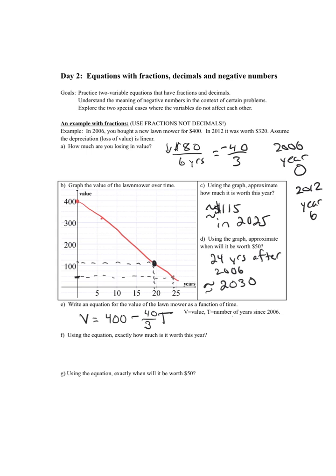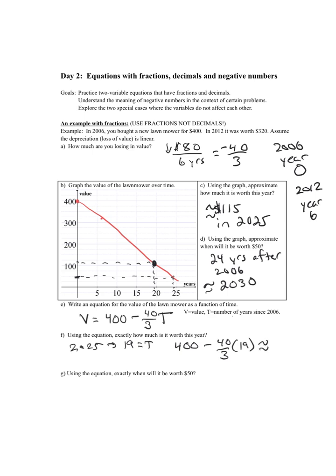So that gives you your rate. So using this equation, let's find the exact value this year. So let's see. This year, remember 2025, 19 would be your t. So 400 minus 40 thirds times 19.